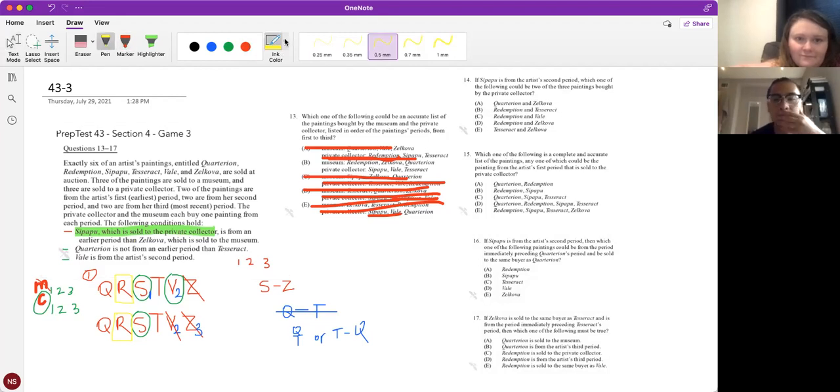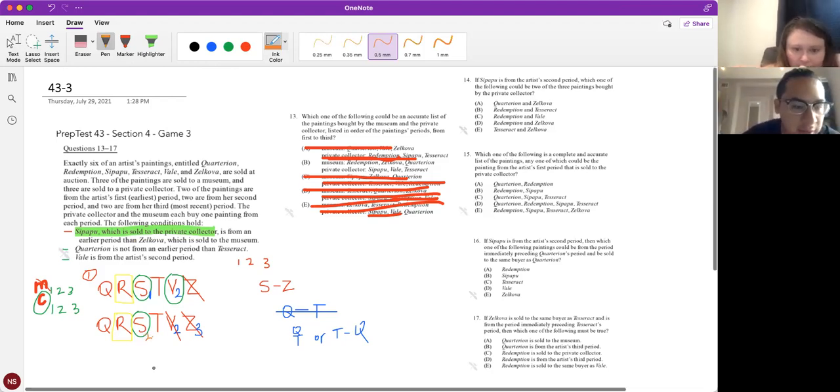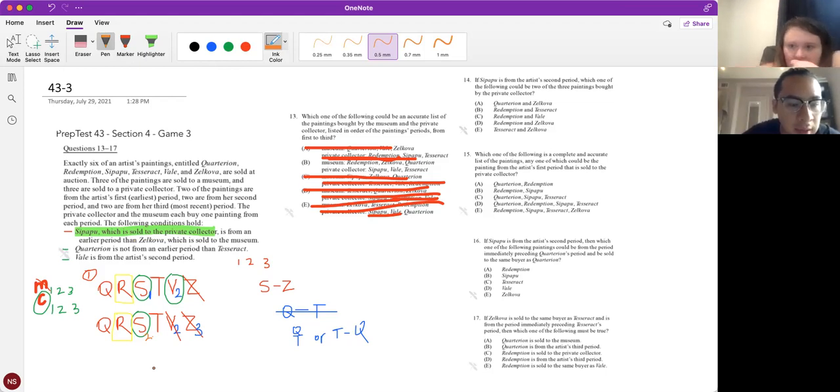Which one of the following could be the 3 paintings bought by a private collector? So then you'd make that 2, and we know V and Z can't be bought by private collectors, so I would start off by crossing off the ones that have V and Z. So then it gives you the answer right there.